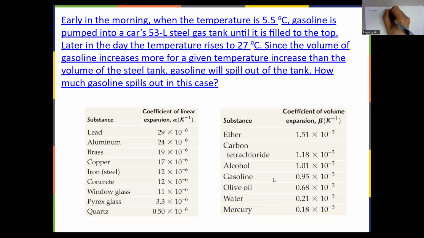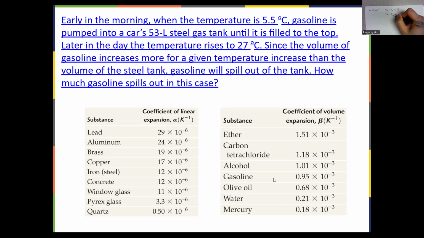Let's say delta V of gas, which will be beta of gas times V of gas originally times delta T. And for the tank, delta V of tank should be beta of tank, which is steel, times V of steel originally, times delta T. Okay, so the change of temperature should be the same.